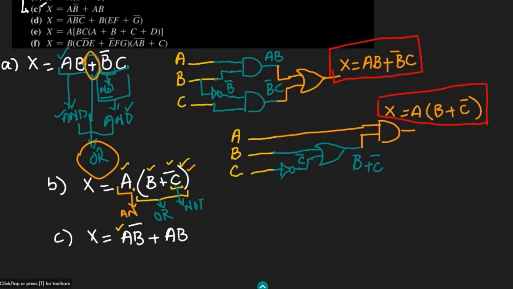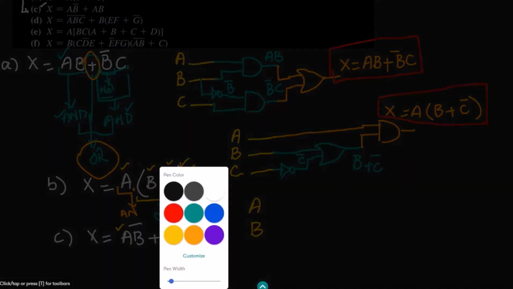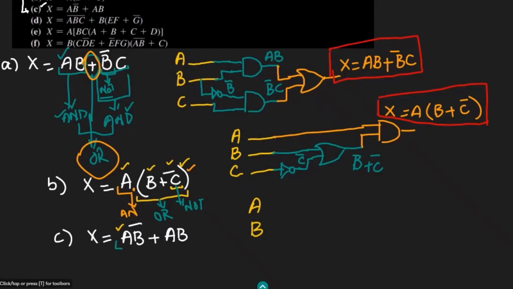I have 2 inputs, A and B. A and B complement are multiplied together, and A B are multiplied together. Here this is the NOT gate, and after the NOT gate, these two are ANDed. These two are ANDed together as well.